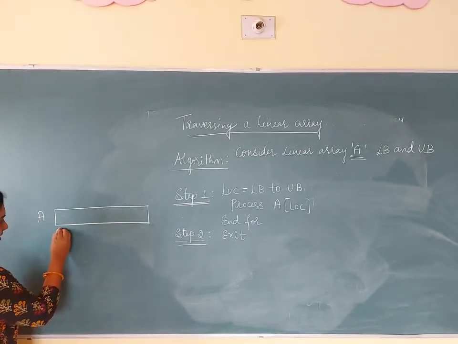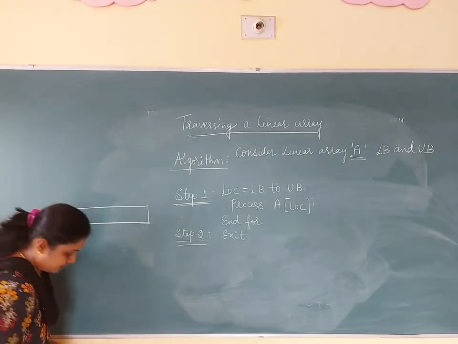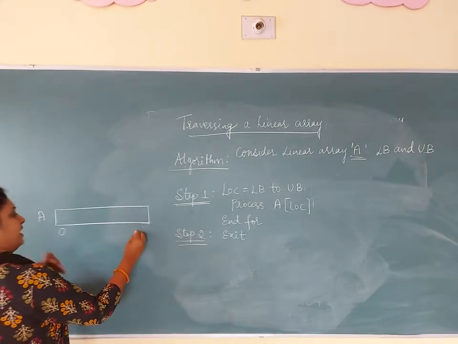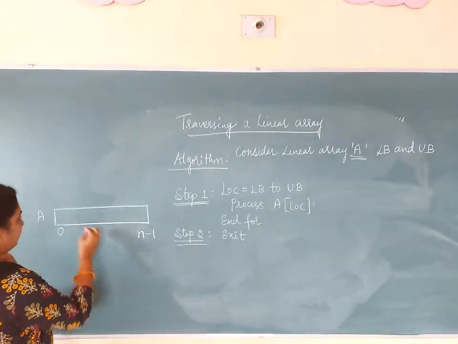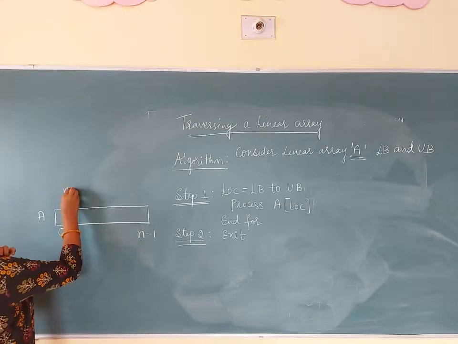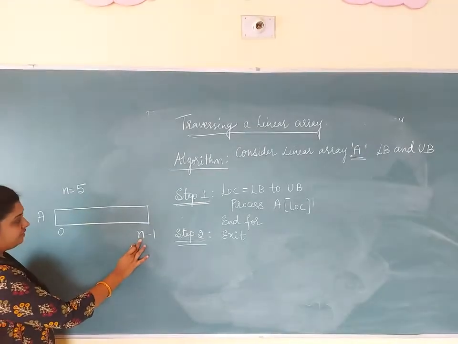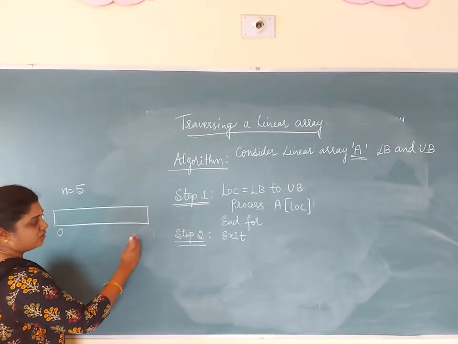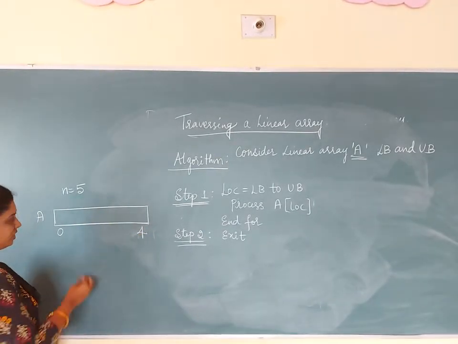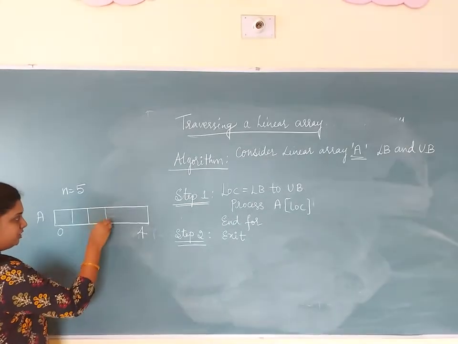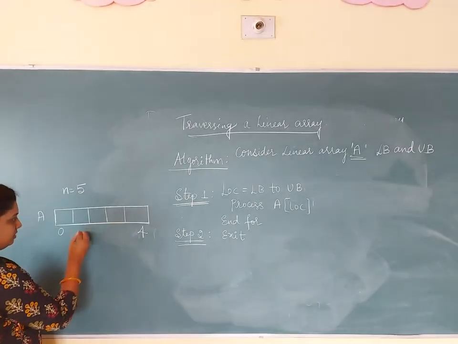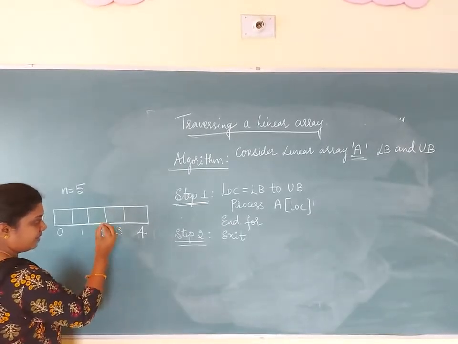The array starts from 0 and ends with N minus 1. I am taking the value of N as 5. So 5 minus 1 gives you 4. Here there are a total of 5 elements: 1, 2, 3.